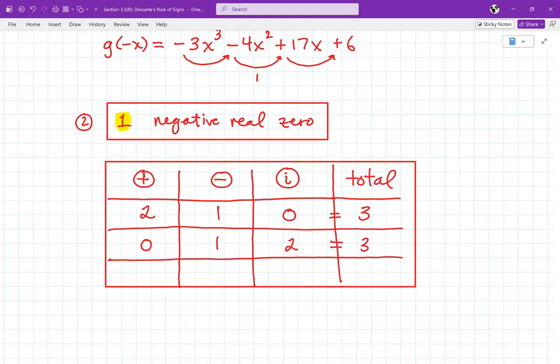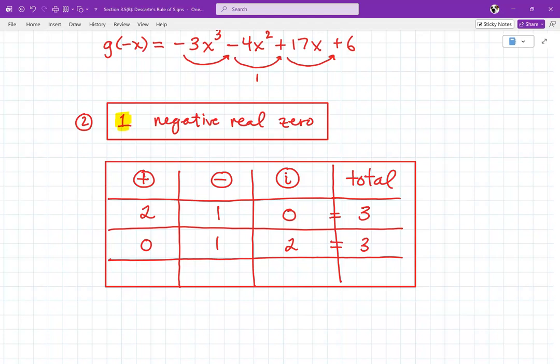You have to figure out how many positive options you have, how many negative options you have. Notice for the negative options, I don't have anything other than 1. I didn't have 1 or 3 or 5. I only had the 1. But for the positive ones, I could have had 2 answers or no answers, right? So once I choose my options, then I have to figure out my imaginaries. Whatever happens, when I add them to the side, they better equal the total degree, which is 3.